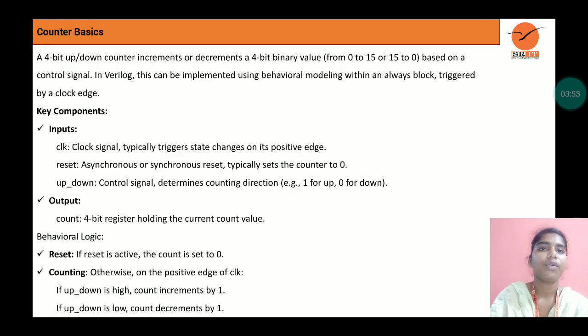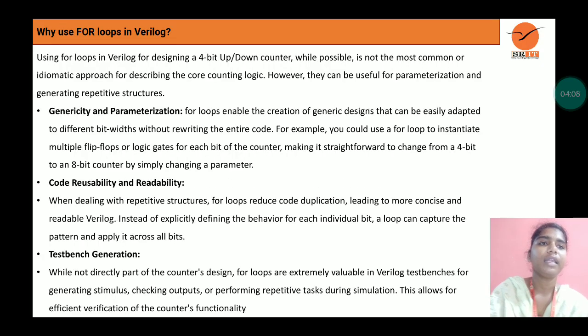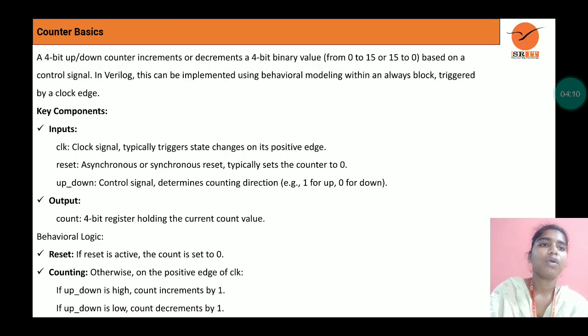Next one is counter basis. A 4-bit up-down counter increments or decrements a 4-bit binary value from 0 to 15 or 15 to 0 based on the control signal. In Verilog, this can be implemented using behavioral modeling within an always block triggered by a clock edge. Key components: inputs.